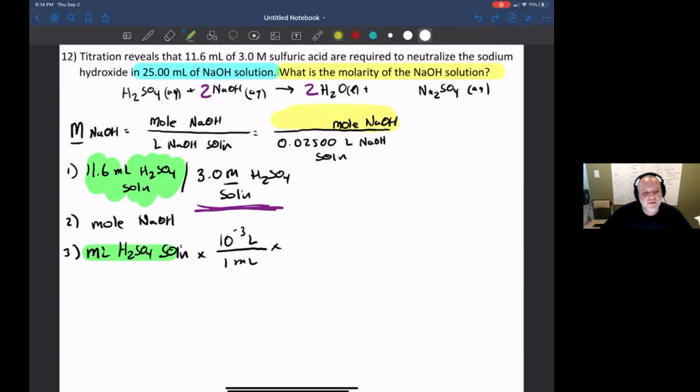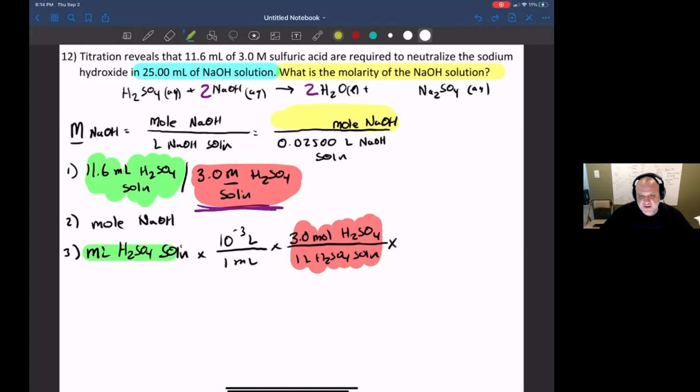moles of sodium hydroxide. So the first thing I do is convert milliliters of H2SO4 to liters. Then I can use that molarity from before as a per expression to do that conversion between volume and moles. Then I can use the stoichiometry in the chemical equation to calculate the number of moles of sodium hydroxide.